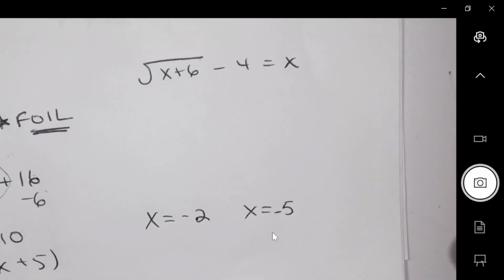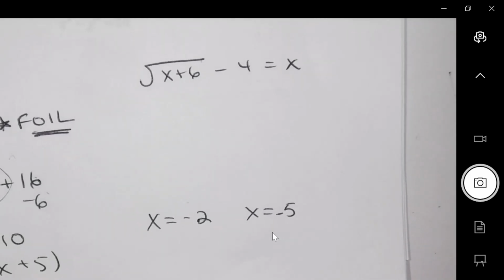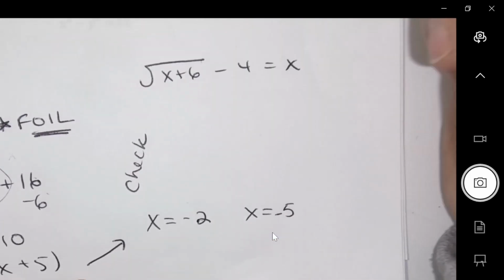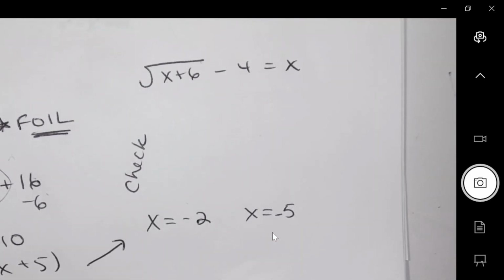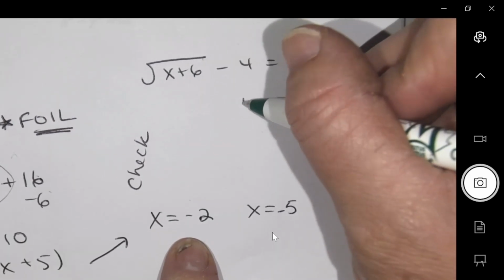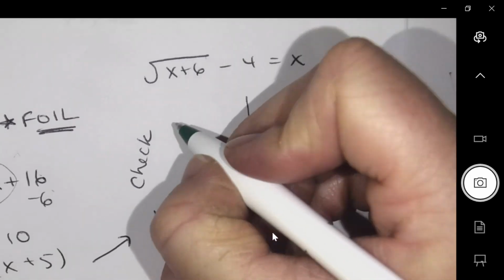Okay, I need to check my answers here. Okay, here we go. I'm going to plug in a -2.